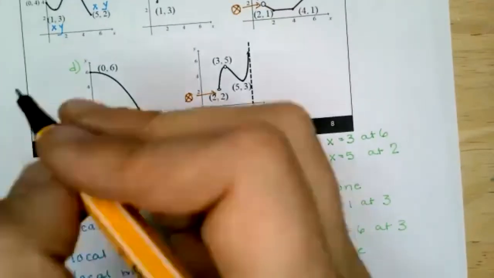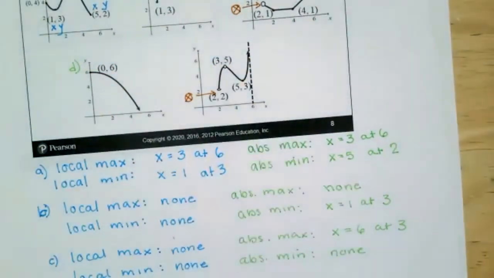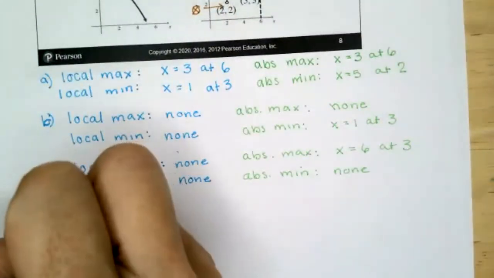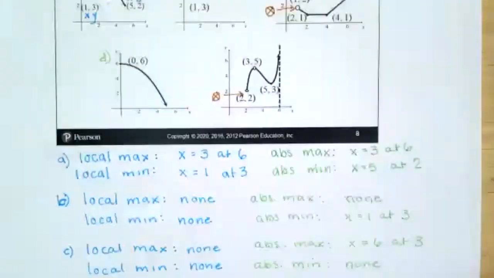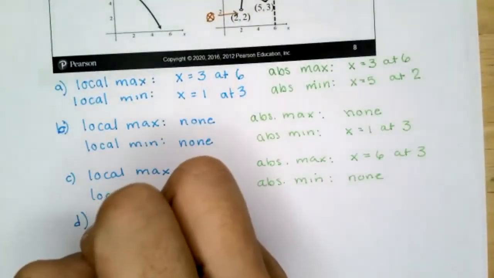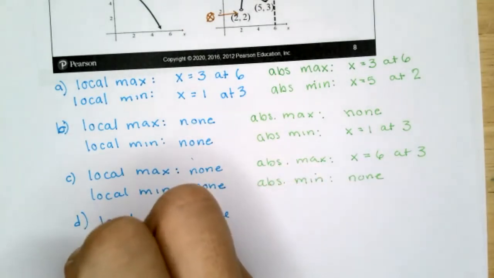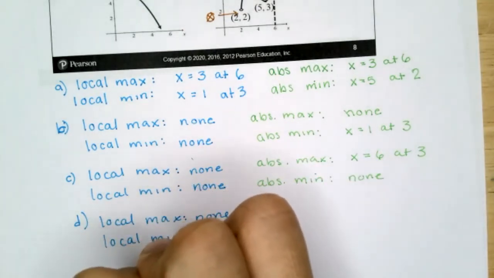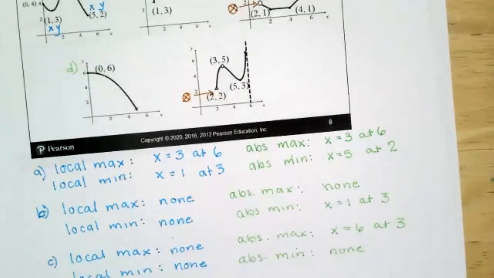Letter D, we just have a function that starts at x equals 0 and goes down forever. So there are no hills, there are no valleys. Without hills or valleys, we can't have local maximums or minimums.